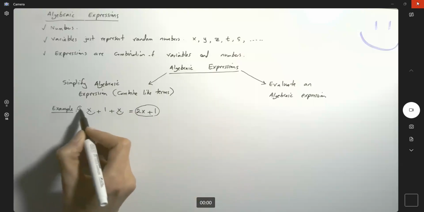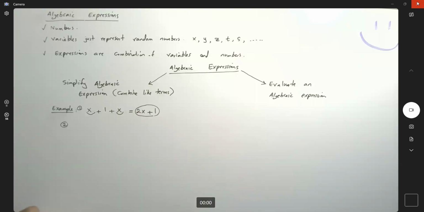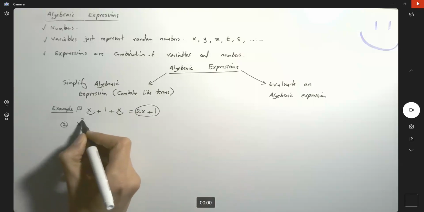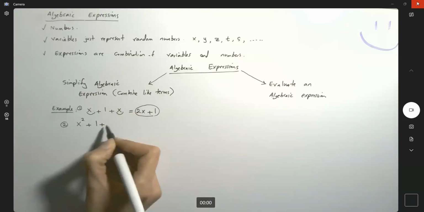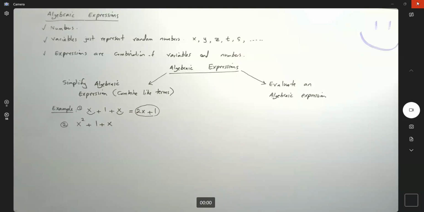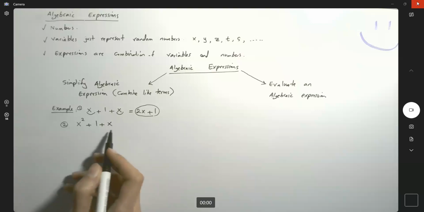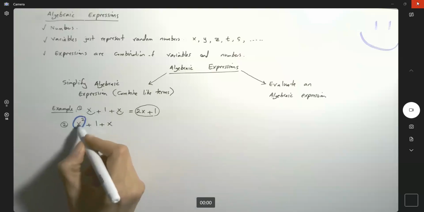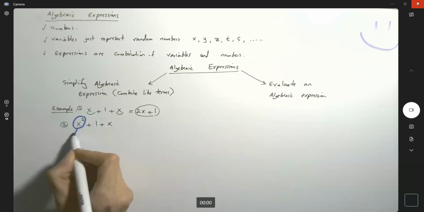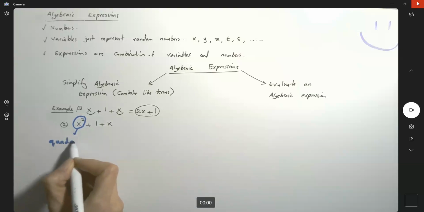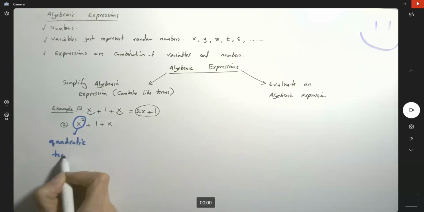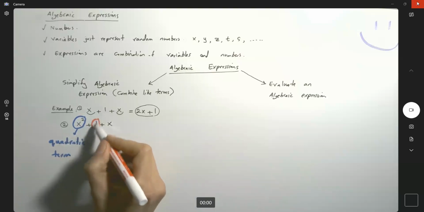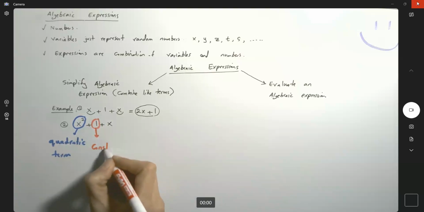I might ask you to simplify this algebraic expression: x squared plus 1 plus x. In this scenario, we're going to say that there are no like terms. This is a quadratic term, a term of degree 2. This is just a constant value, a number.